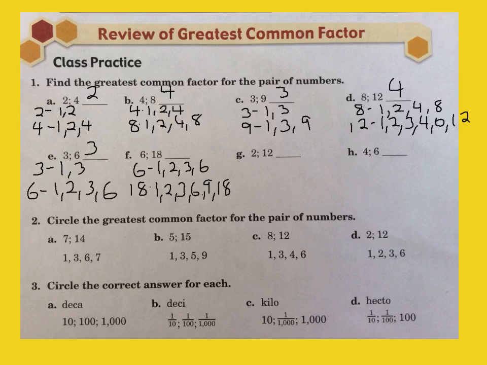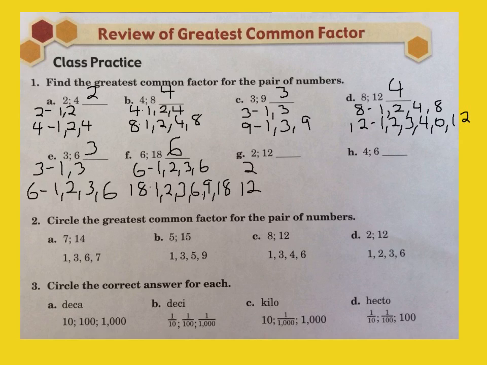So I've written out all the factors for 6 and all the factors for 18. They have 1 in common, they have 2 in common, they have 3 in common, and they have 6 in common. And so 6 would be the greatest. So 6 is your GCF.